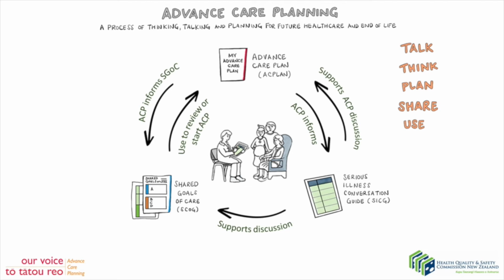The key points of that conversation are recorded on a Shared Goals of Care form and inform the recommendation or goal of care for the specific hospital or aged residential care admission. The Advanced Care Plan and Planning should inform that Shared Goals of Care conversation. On discharge, the information and recommendations might prompt a review of the Advanced Care Plan.